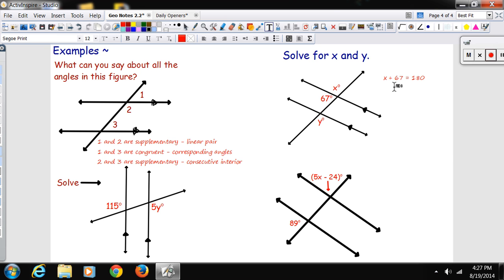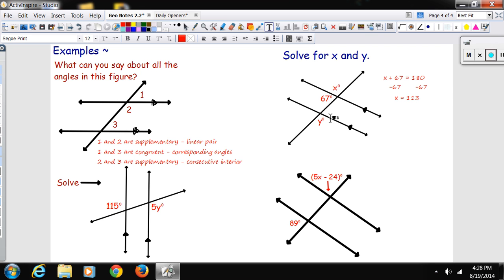So all I need to do is subtract 67 on both sides. And you'll get x equals 113, sorry. I learned how to subtract correctly. 113 for that one. So x is 113.